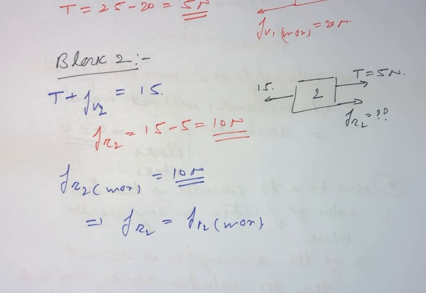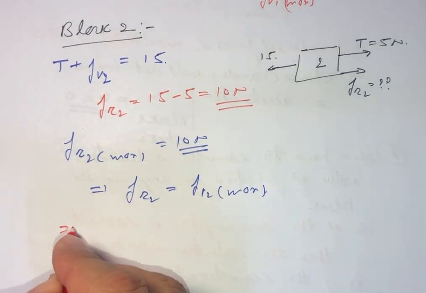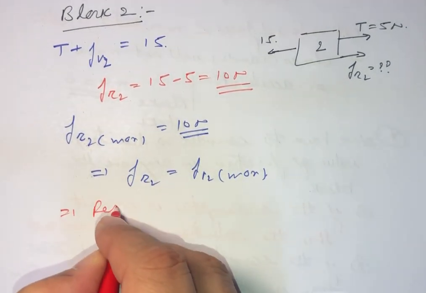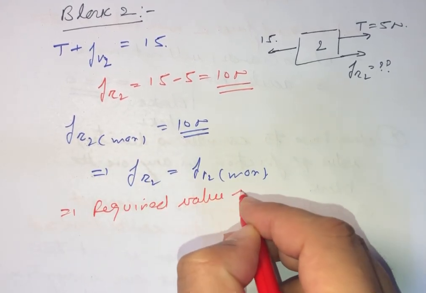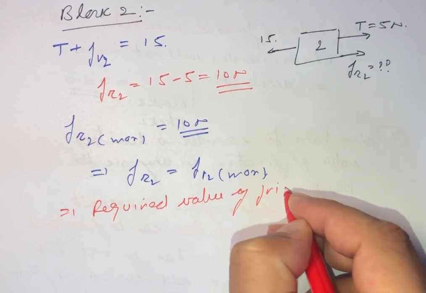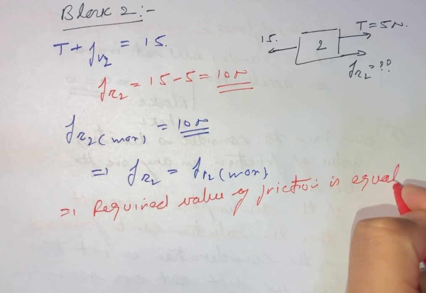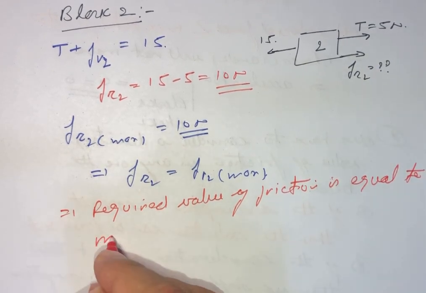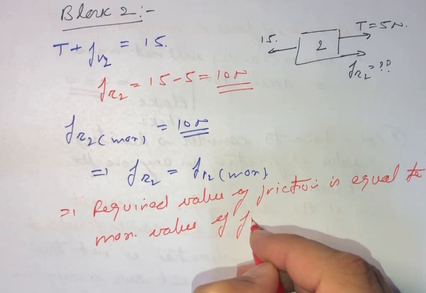It means the required value of friction is equal to the maximum value of friction.